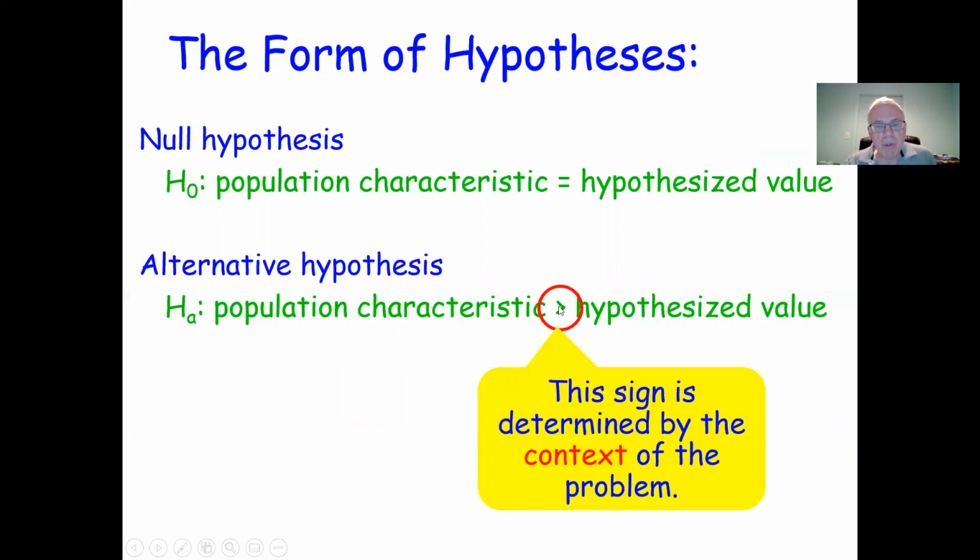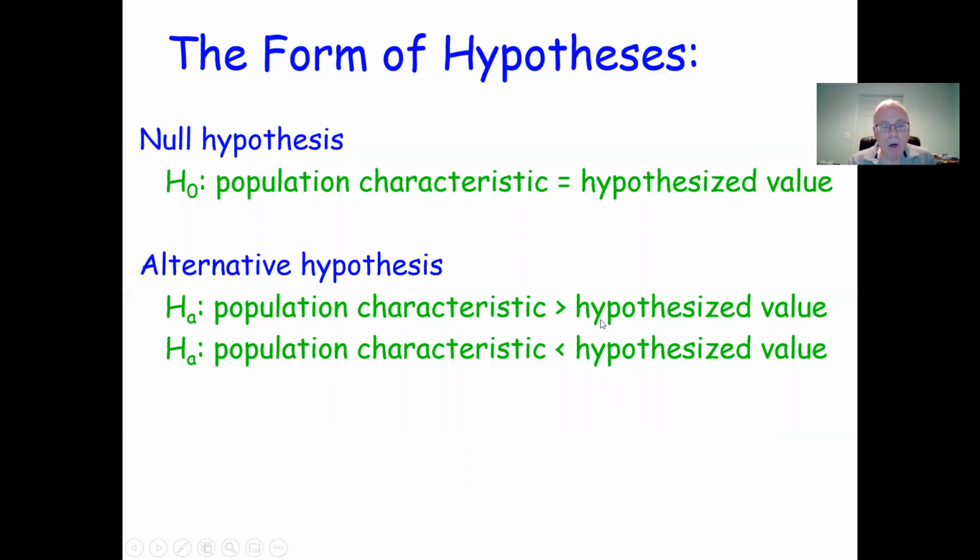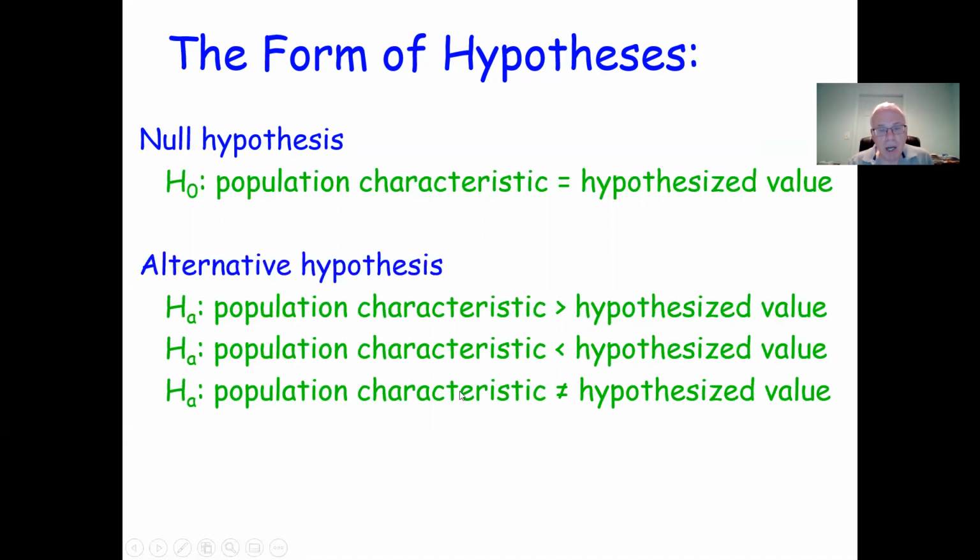One of the three cases is greater than. In other words, the mu, for example, could be greater than 5 or some number. There's a greater than symbol here. Or the alternative hypothesis is that the population characteristic, like mu or p, is less than some number. Or the population characteristic is not equal to some number.